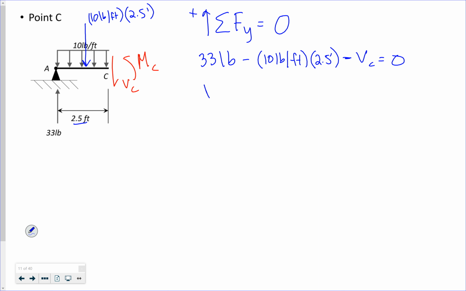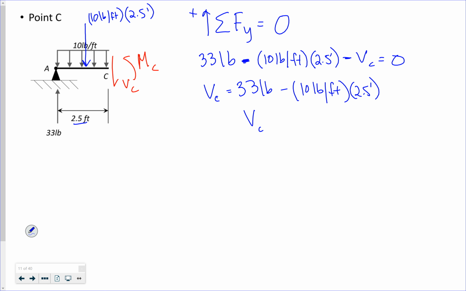Solve for the shear at C, and I get 33 pounds. Oopsies, that's a minus 10 pounds per foot times 2.5 feet.